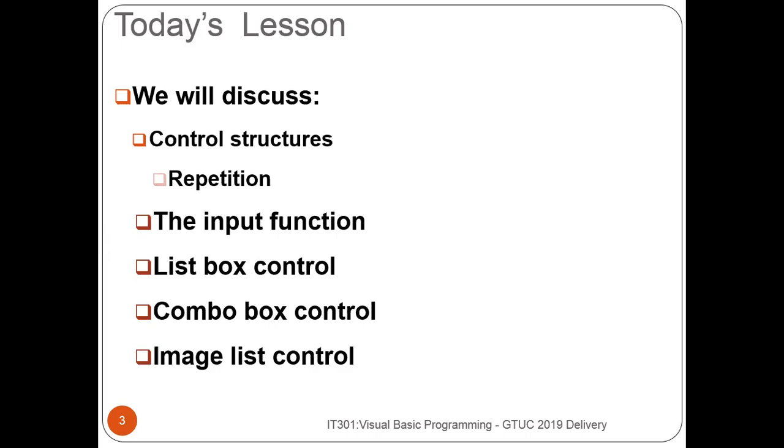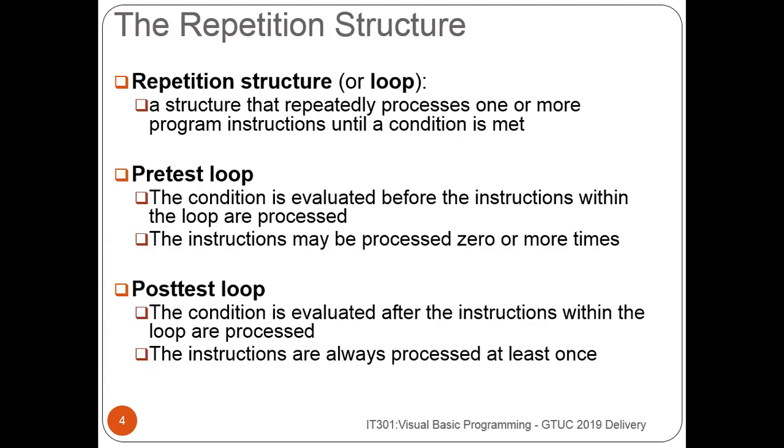And we also talk about the combo box and the image list at the tail end of the lesson. We will also talk about the menu strip that we will use to add items to our form, that we can program these various menu items and use them for whatever we want to use them for.